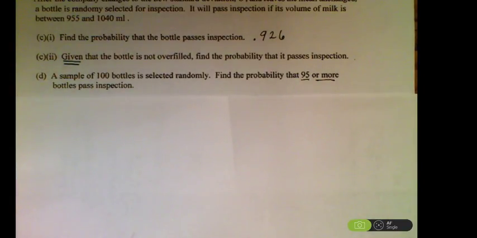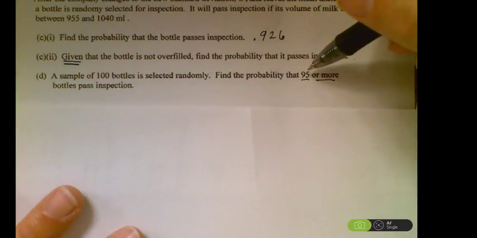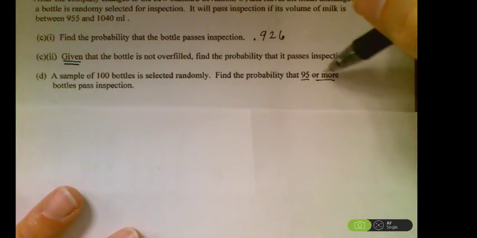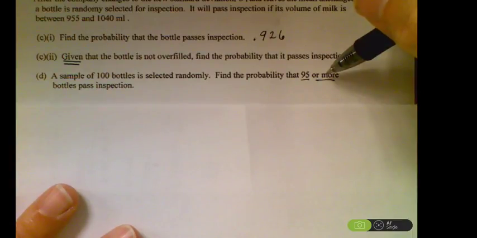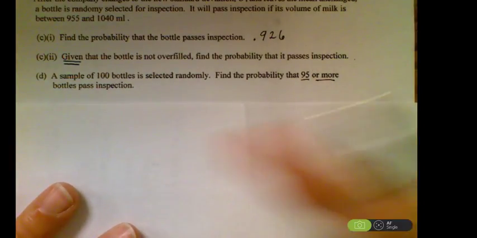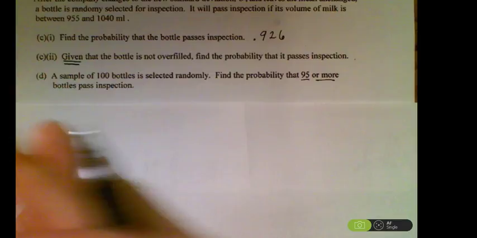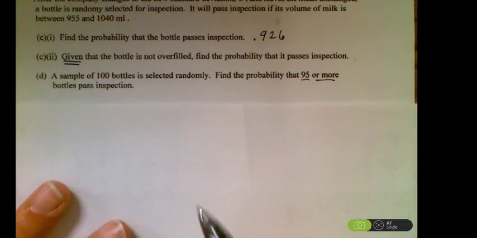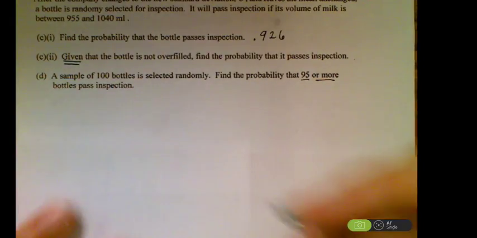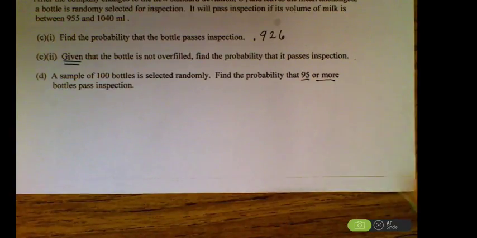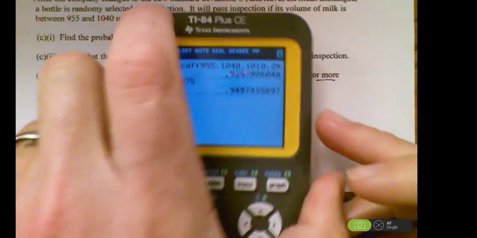Well, remember what we always put into our calculator is everything to the left on this. When we do the binomial CDF feature, the calculator wants everything up to a certain point. And so since this 95 is included with the right side of the probability or the right side of the curve, we want everything that led up to that. So we're going to go basically from 0 to 94 to do our setup. So you got your 100 trials.